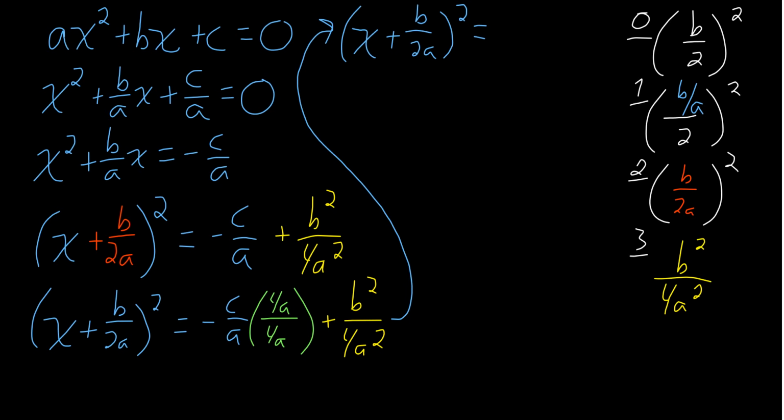Well, that just becomes 4ac in the numerator, so it's going to be negative 4ac all over 4a squared, and it's going to be plus b squared all over 4a squared. Okay, and let's continue on.